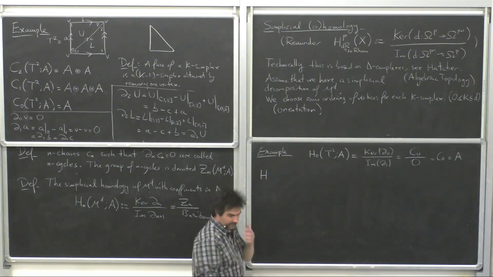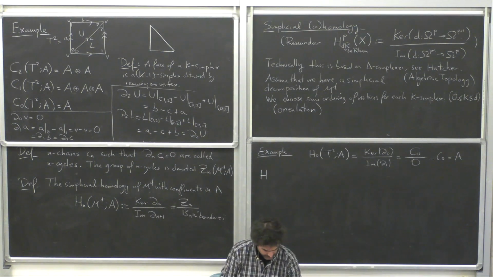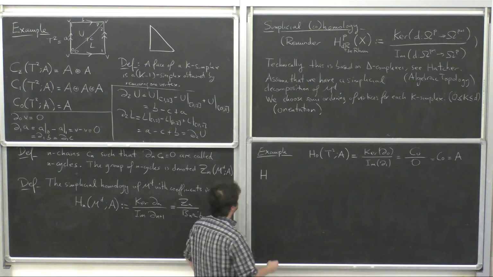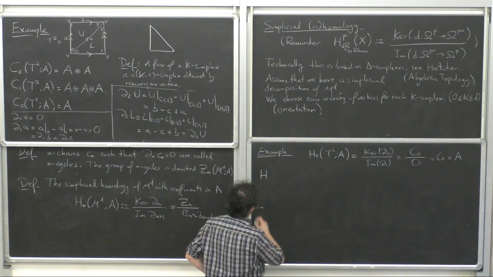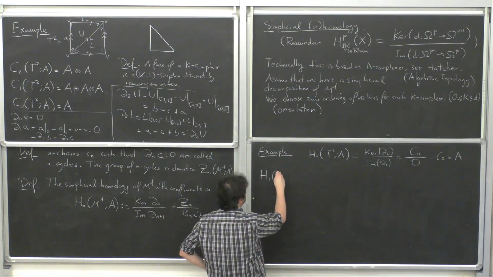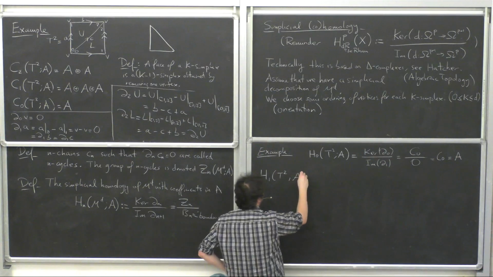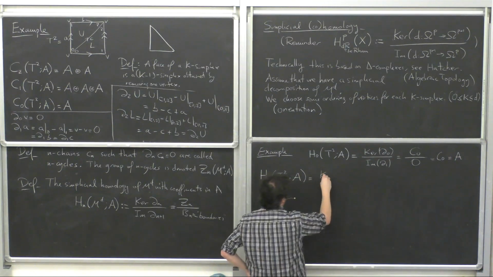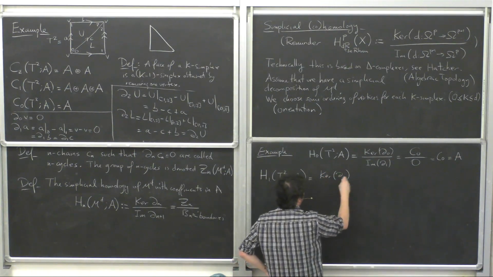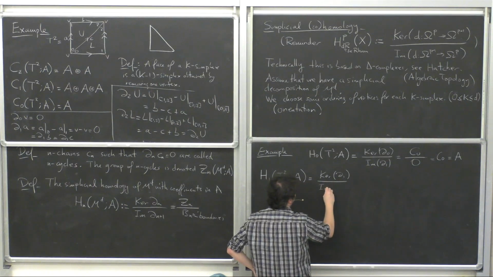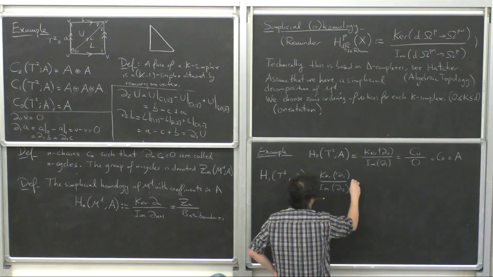Let's do next H1. Again, this is the kernel of D1 divided by the image of D2.